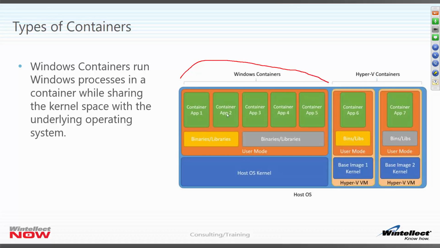Each one of these containers has an app running in it, which is a Windows app. These are all running on top of bins and libraries running in user mode on top of a host kernel.